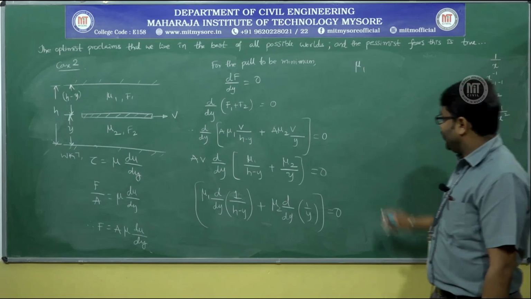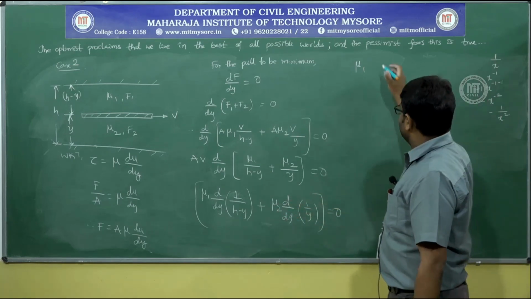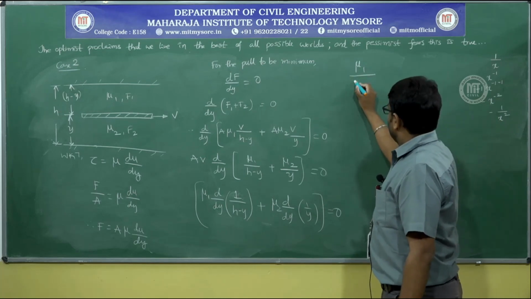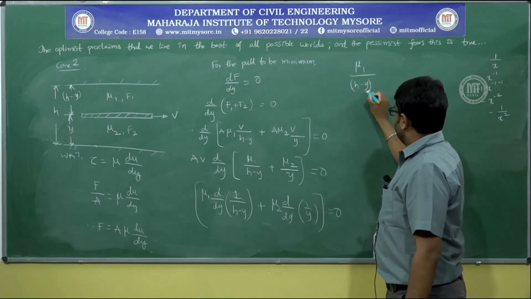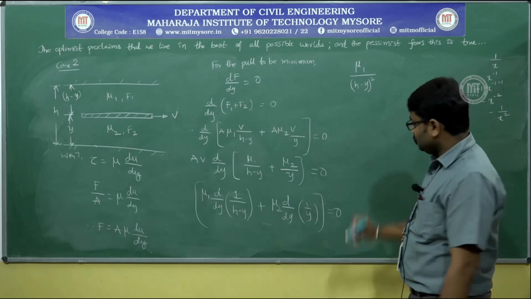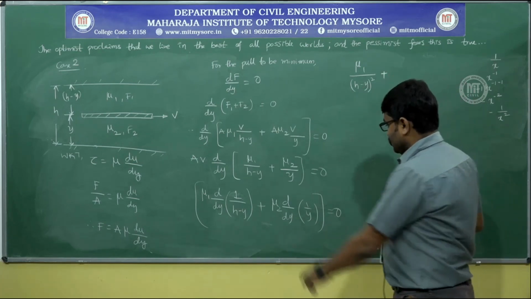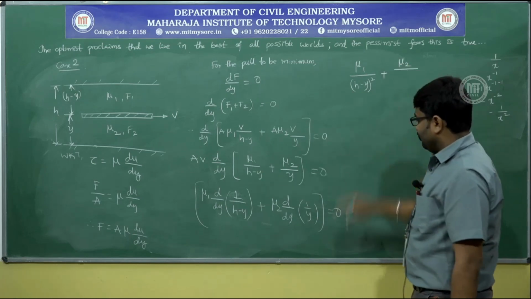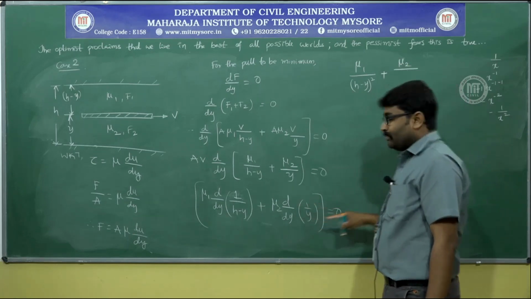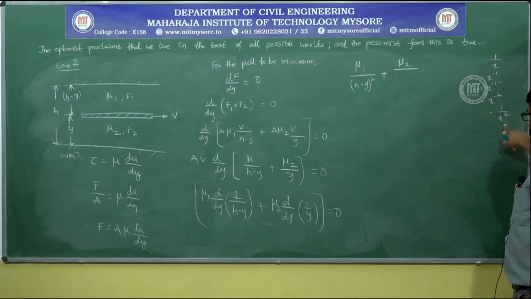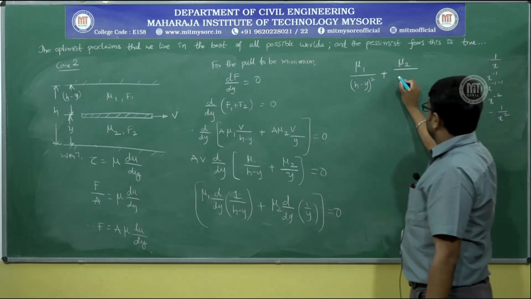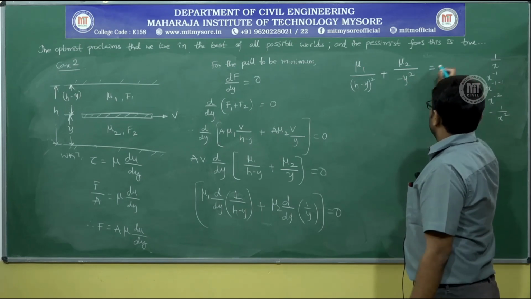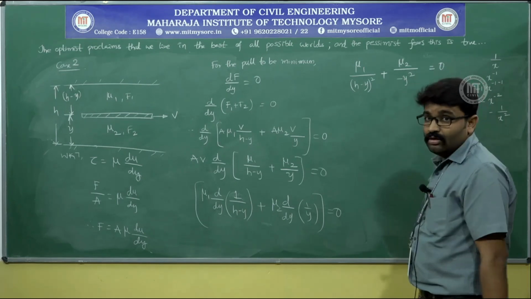So, similarly, if I write this, it is mu1 divided by h minus y whole square plus mu2 divided by, what is the differentiation of 1 by y? Very similar, minus 1 by x square, nothing but minus y square. This must be equal to 0.